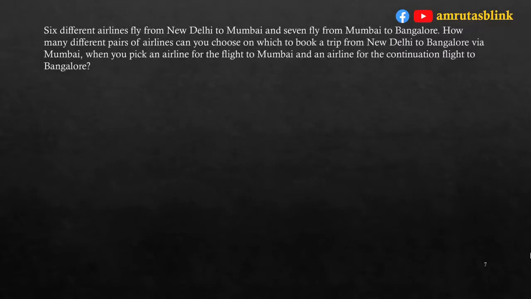Moving to the next question. 6 different airlines fly from New Delhi to Mumbai and 7 fly from Mumbai to Bangalore. How many different pairs of airlines can you choose on which to book a trip from New Delhi to Bangalore via Mumbai? You pick an airline for the flight to Mumbai and an airline for the continuation flight from Mumbai to Bangalore.